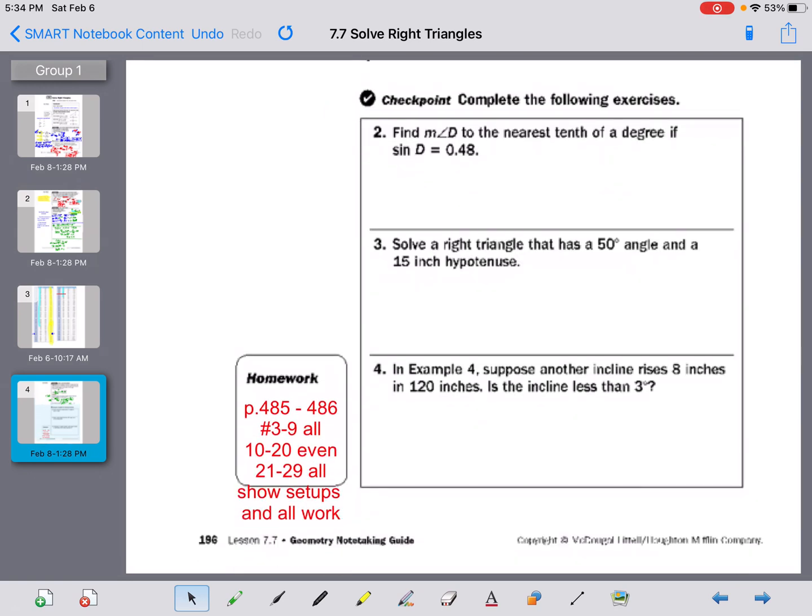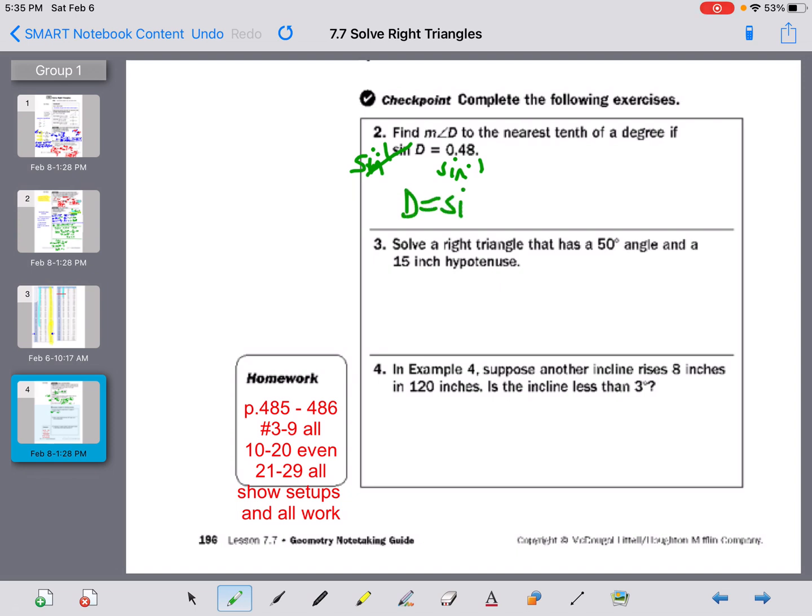All right, number 2 here. Easy question if you remember what it's asking. Sine of D equals 0.48. I'm solving for D. So ask yourself, how do I get D by itself? Right now it has sine connected to it. To get rid of sine, I need to take the sine inverse. What I do to one side, I do to the other side. These two cancel.